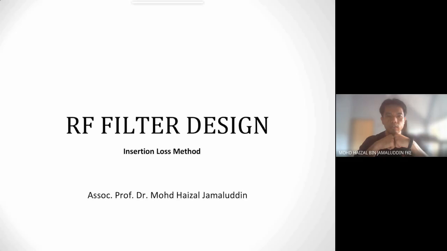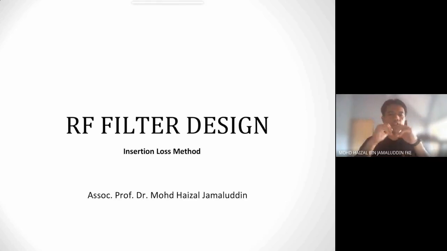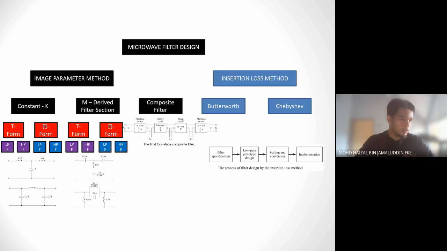We continue our syllabus today related to RF filter design. So here we focus on the insertion loss method, where the insertion loss method partners with the image parameter method.